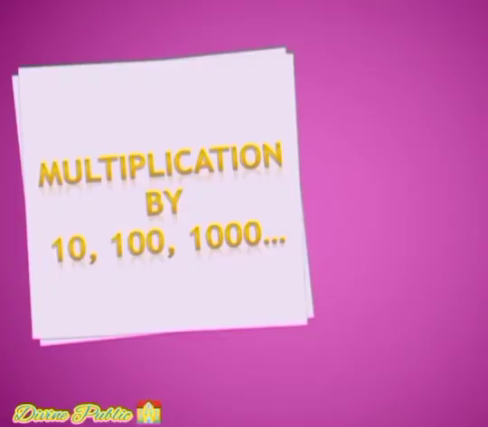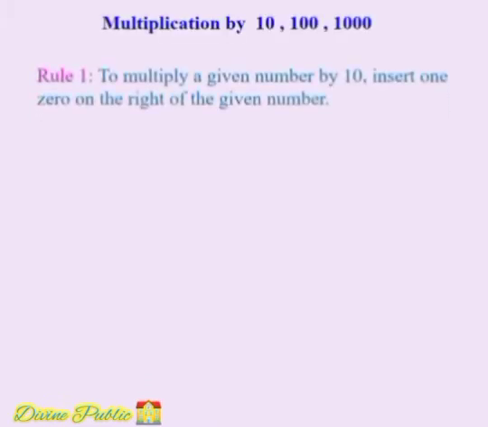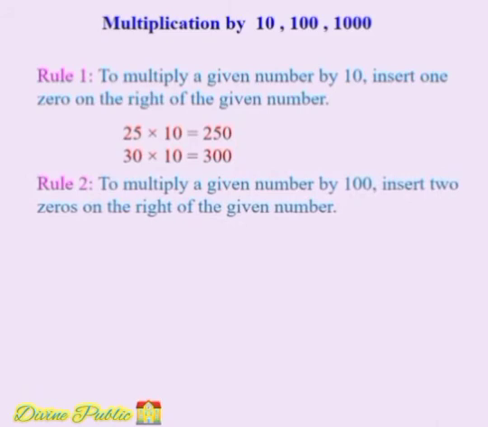Multiplication by 10, 100, 1000 and so on. Dear students, carefully see the following rules. Rule 1. To multiply a given number by 10, insert 1 zero on the right of the given number. For example, 25 multiplied by 10 is equal to 250 and 30 multiplied by 10 is equal to 300. Rule 2.